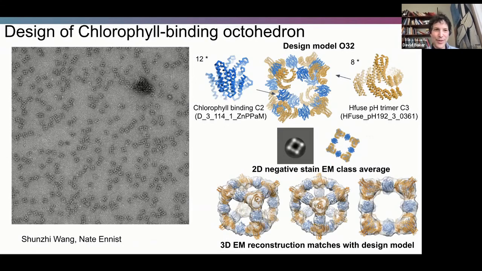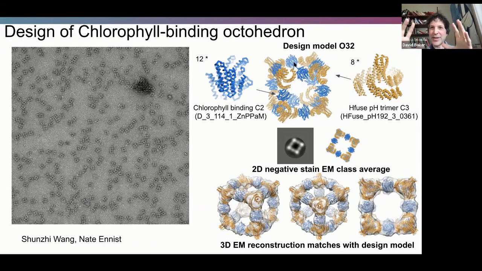So beyond biology, I just wanted to show you the kinds of things that we're thinking about, and this is happening a lot in the group now. Nate Ennis designed a C2 protein that binds 2 chlorophyll positions, as in the special pair in photosynthesis. And then those have very interesting optical properties on their own. And then Shunji Wang built these C2 structures into octahedra.